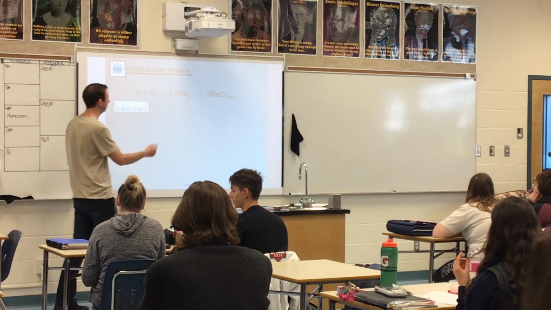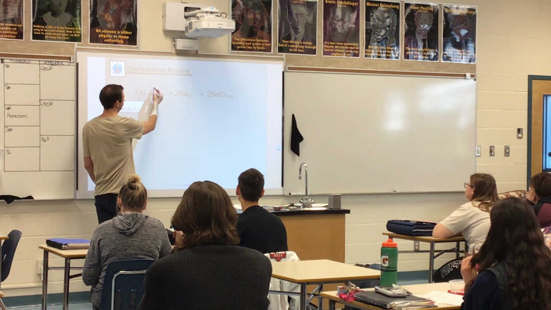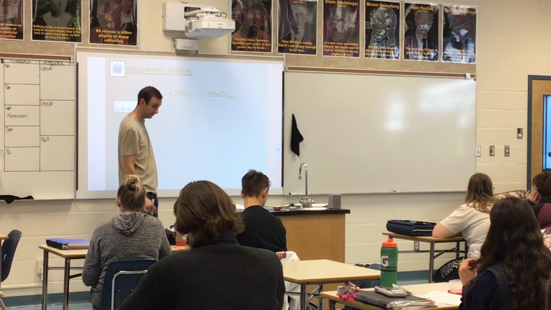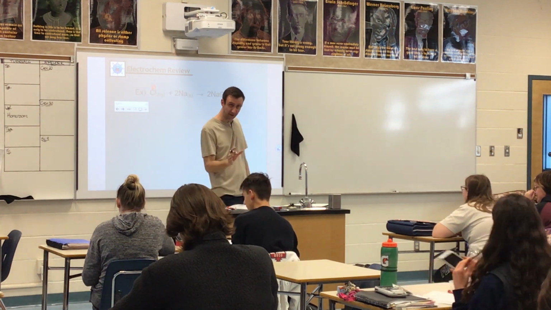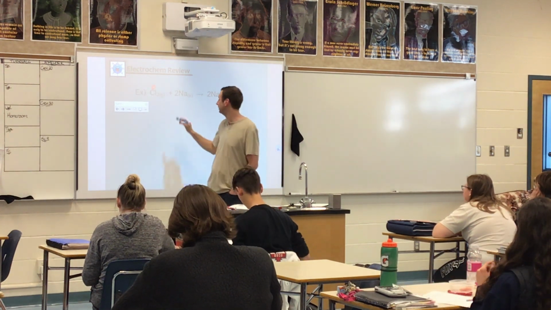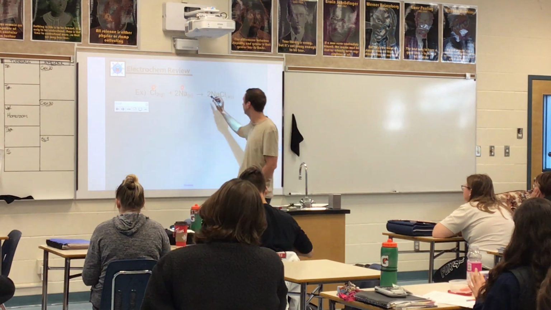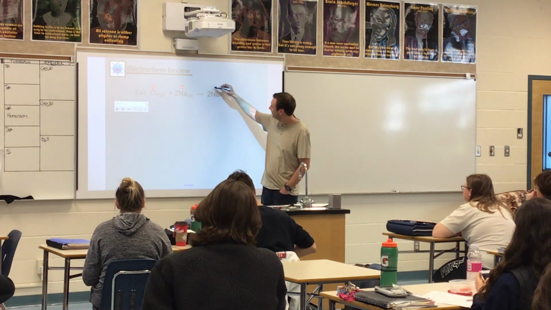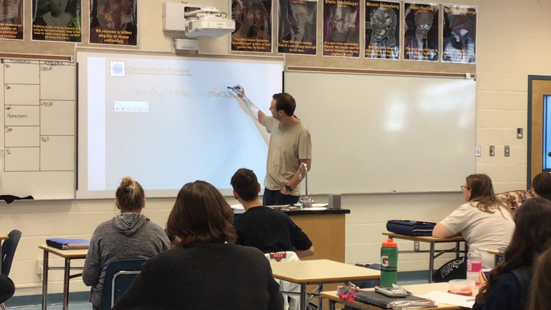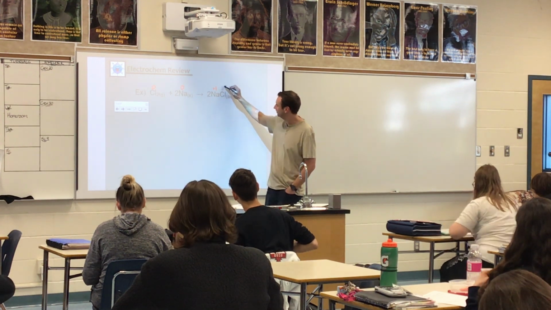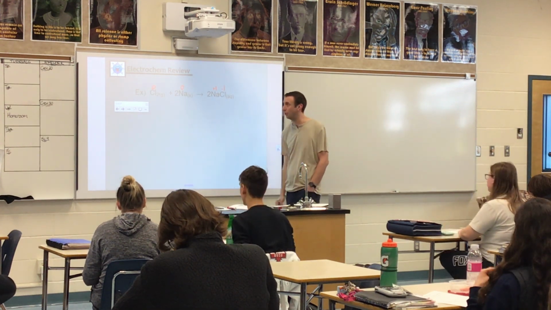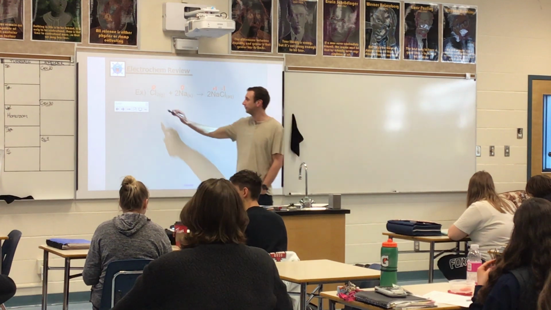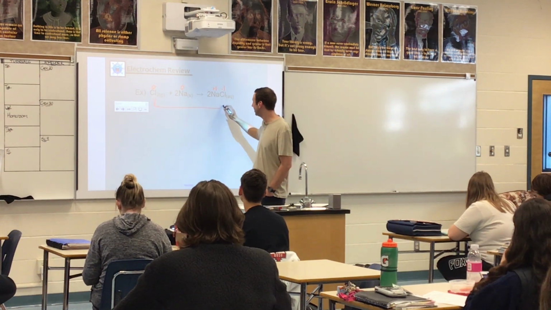So for chlorine, what's the oxidation number? 0. For every element by itself, it'll be 0. Sodium also 0. Here I have positive 1 for sodium and negative 1 for chlorine. So chlorine went from 0 to negative 1.